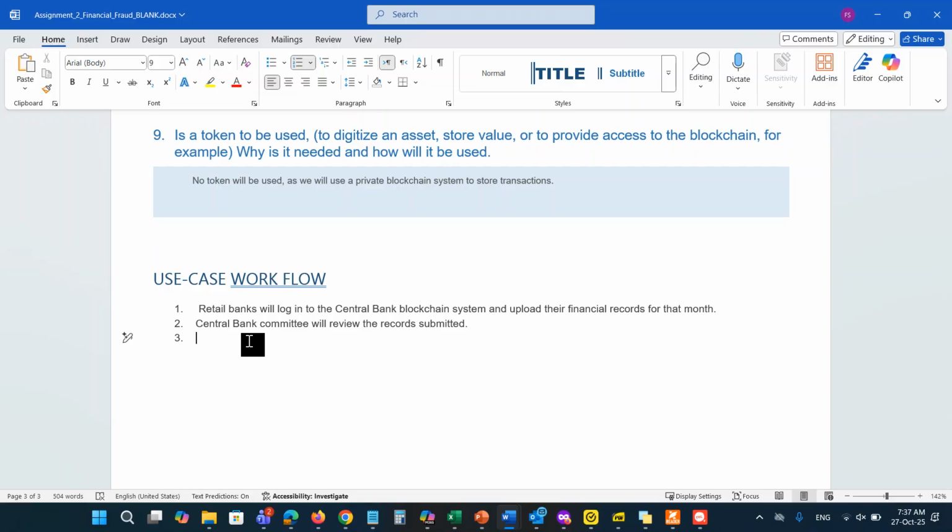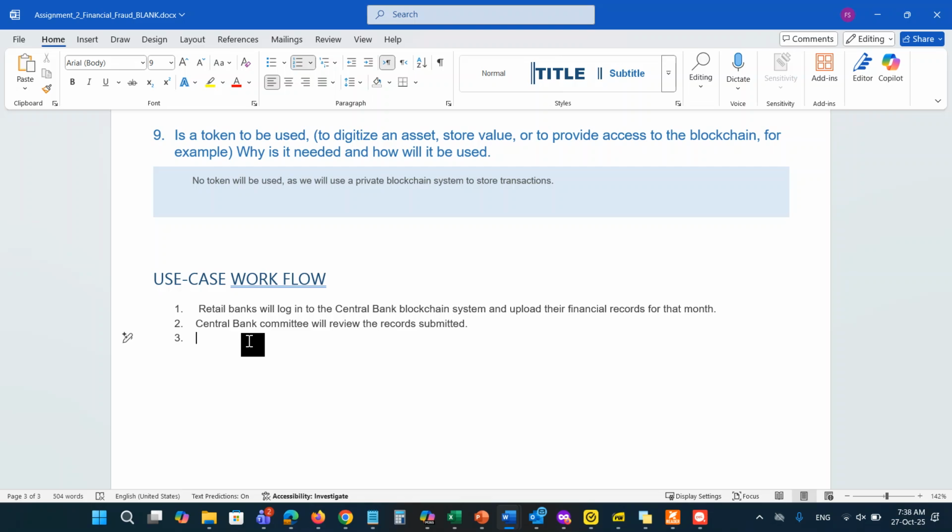That way, let's say the retail bank submits a financial statement on October 30th, and they look at, for example, the fixed deposit, which is about $10 million. And the following month, in November, the same bank submits their financial records to the blockchain system of the central bank. And in November, the fixed deposits suddenly increased from 10 million to about 35 million, in 1 month alone.